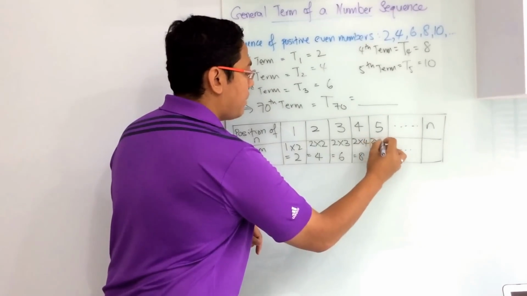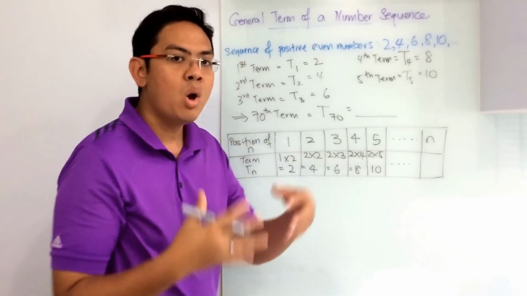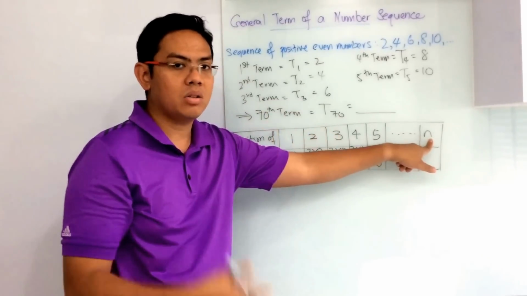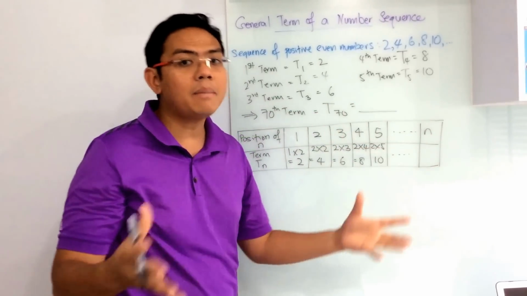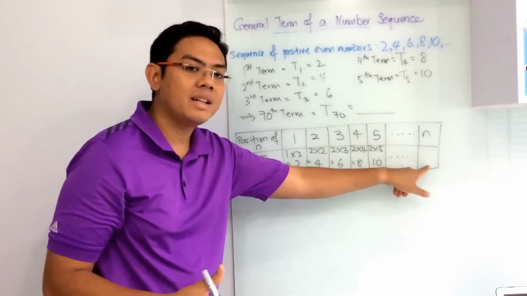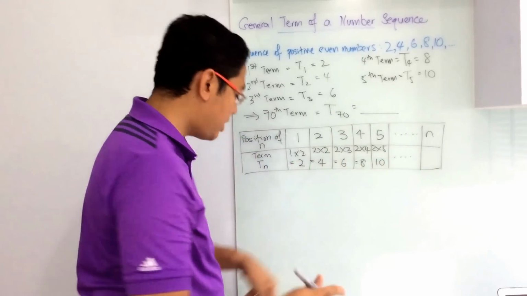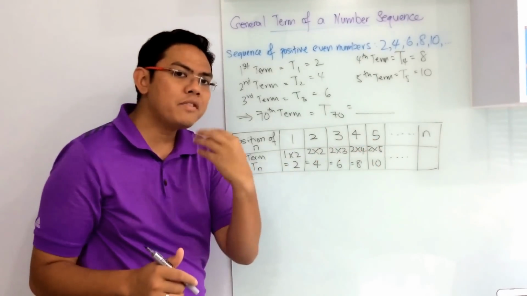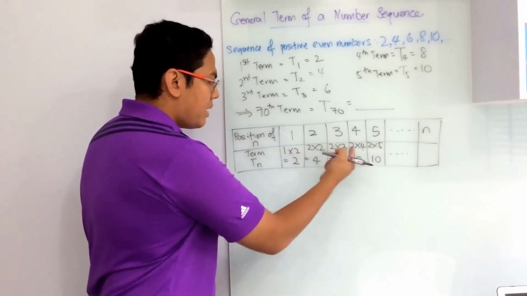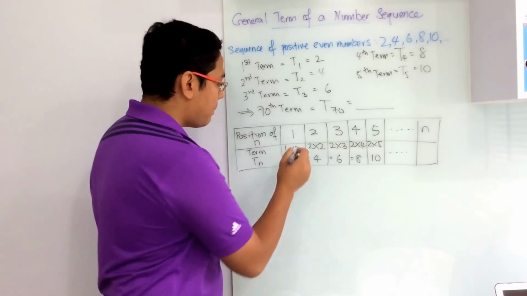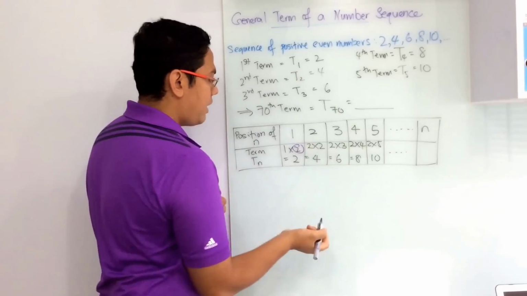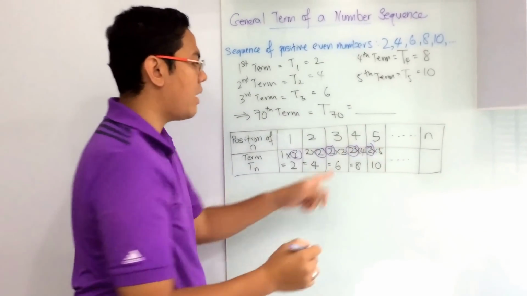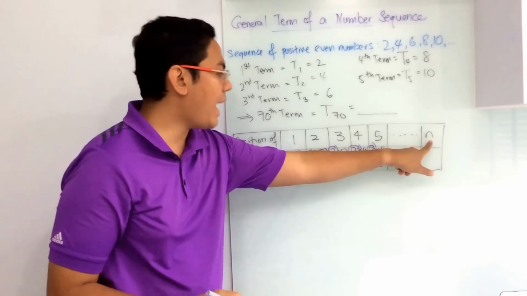2 multiplied by 5. So, if I ask you, what is the nth term? This can be 1,000 or 2,000 or even 1,000,000. Any number. What is the answer here? As you can see, for position 1 to position 5, the common factor that every number is multiplied with is the number 2. So if I ask you, what is the nth term?